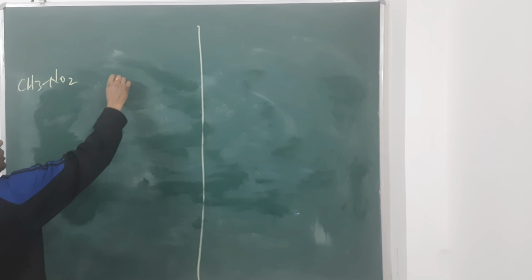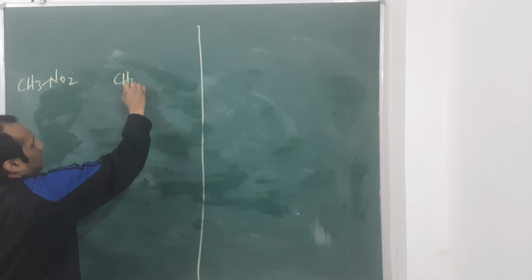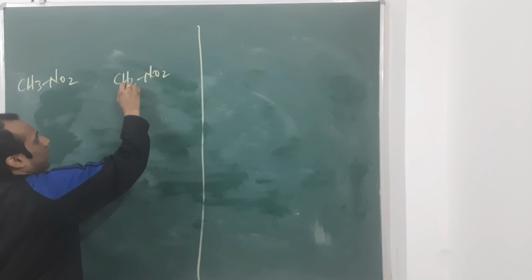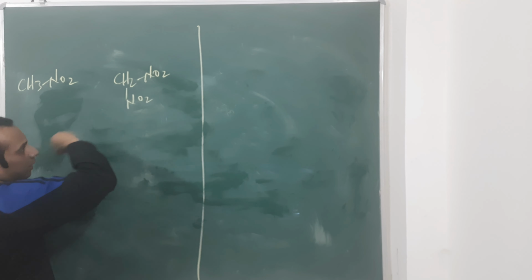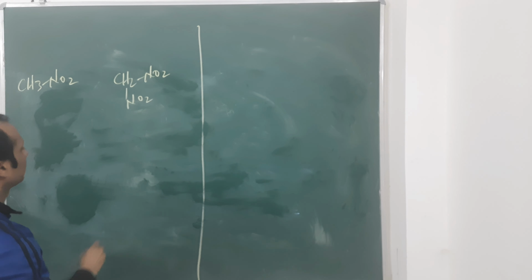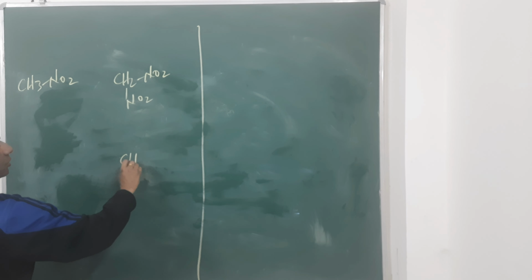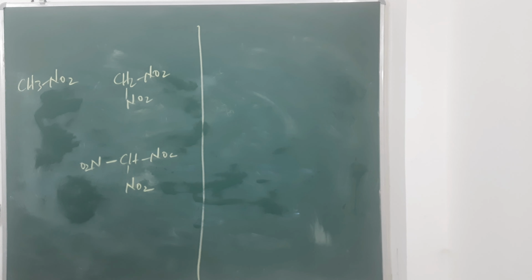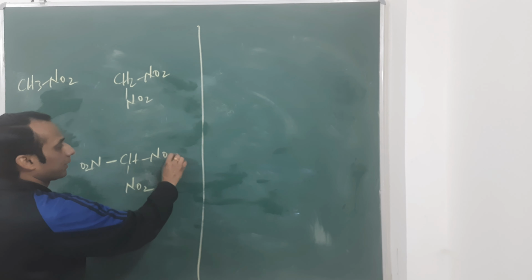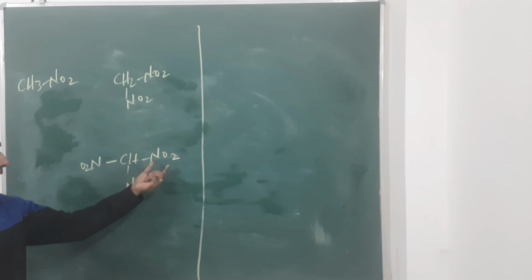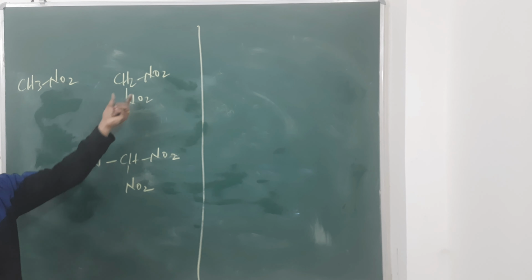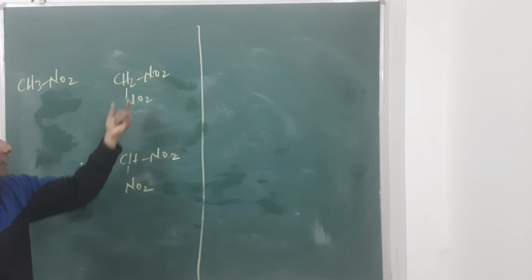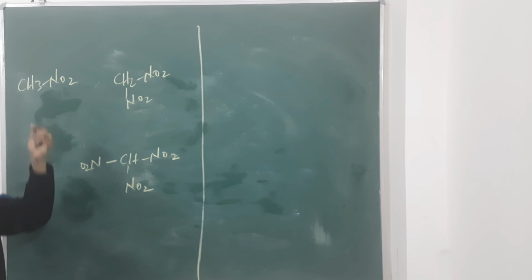If we have CH2(NO2)2, and third I write here CH(NO2)3. Okay, you know, it's very easy, you can say that, because the inductive effect is there. So the more the inductive effect is there, the more acidic it is. Then first it is more acidic than these compounds.